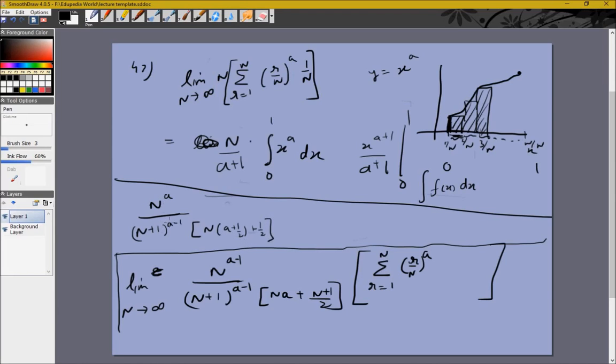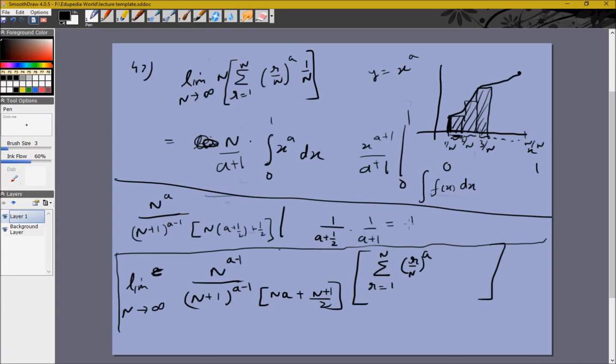Now this just gives us n by n plus 1 to the power a minus 1 is 1, n to the power a by this is again 1. So all that is left to us is 1 by a plus half, and obviously the 1 by a plus 1 from here comes as well. This n made this 1, so 1 by a plus 1.